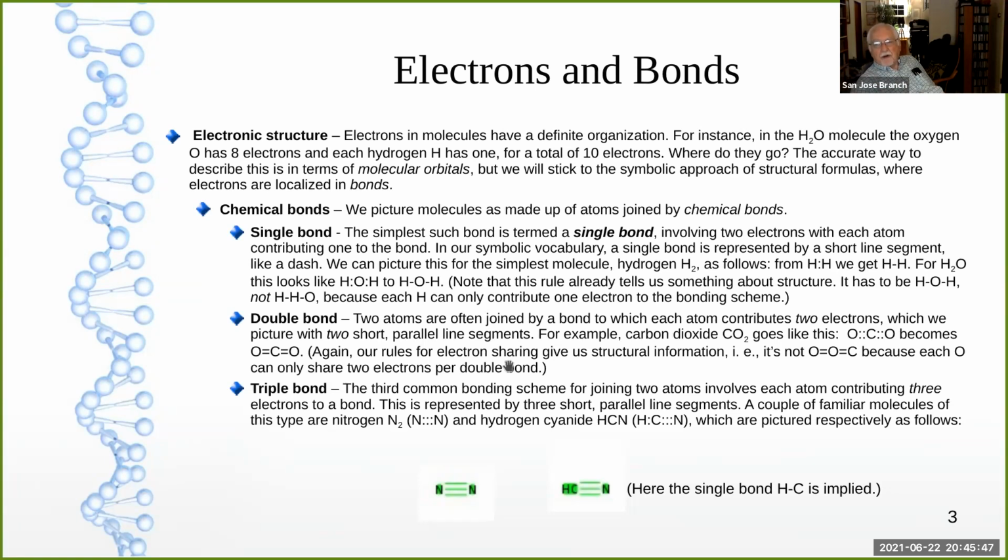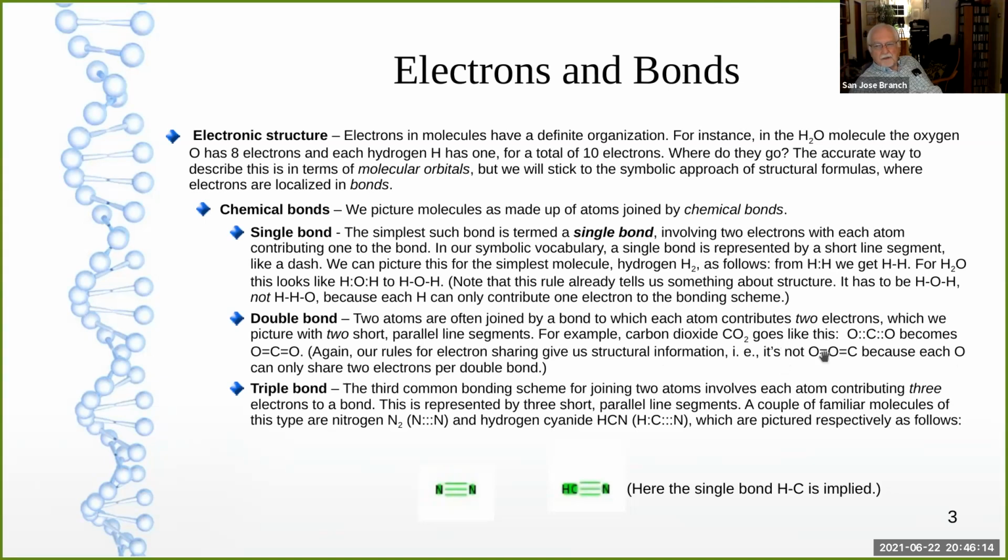And again, if you follow the rules for electron sharing, so that each dash symbolizes one pair of electrons, then following those rules gives us some structural information, because it can't be done this way, because each oxygen can only share two electrons per double bond.